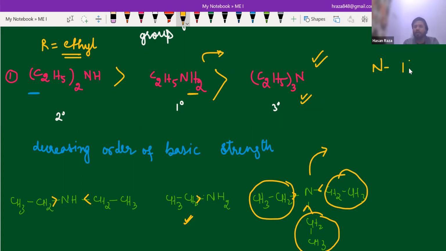When you dip this in water, it can form hydrogen bonding from two sides, while the tertiary has no hydrogen bonding, and the primary can form hydrogen bonding from one side, and there is a plus I group from two sides. That's why it is most basic, then this, then this. So please do write it.